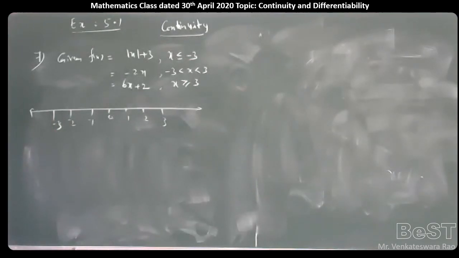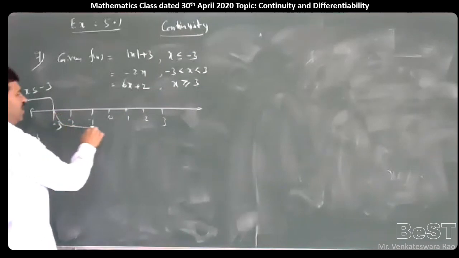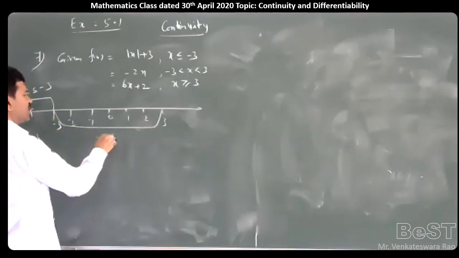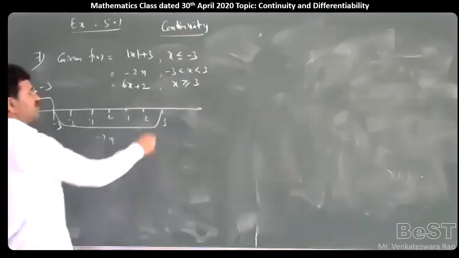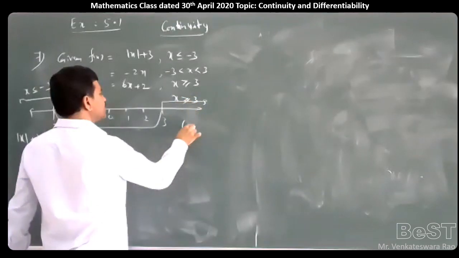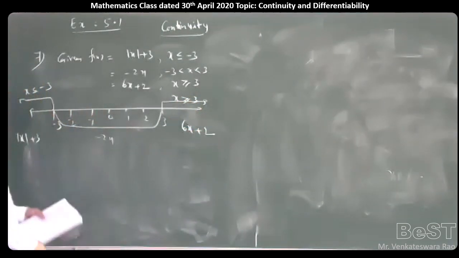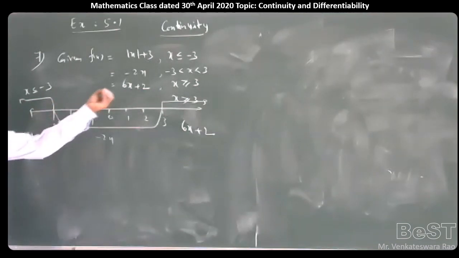When x is less than or equal to minus 3, the function is mod x plus 3. In between minus 3 and 3, the function is minus 2x. When x is greater than or equal to 3, the function is 6x plus 2. So note down first how the function is defined in different neighborhoods.